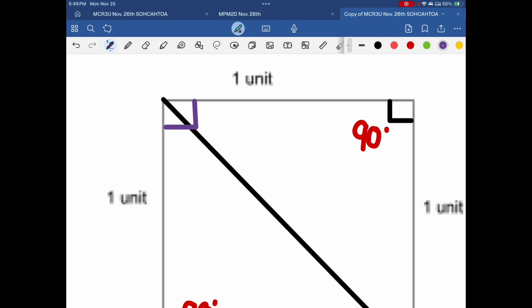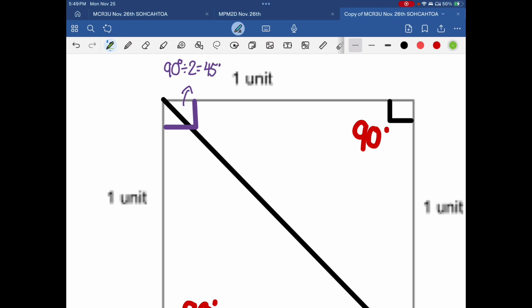Perfectly in half means that both of these angles will be equally split into two parts. It will basically be 90 degrees split equally into two parts, which gives me 45 degrees.